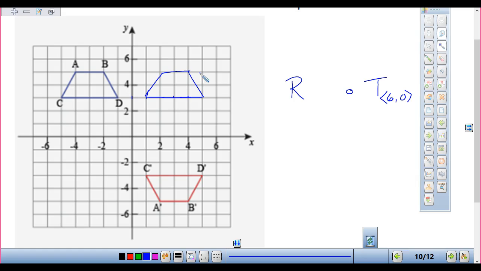So we reflected it over the x-axis. So my rule was that it translated 6, 0, and you got to write it backwards. The translation goes on this side, and then it reflected over the x-axis. Is that kind of sort of making sense? No?